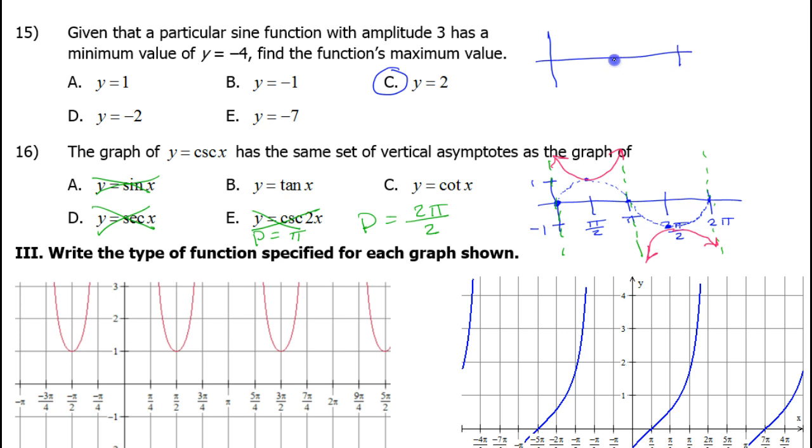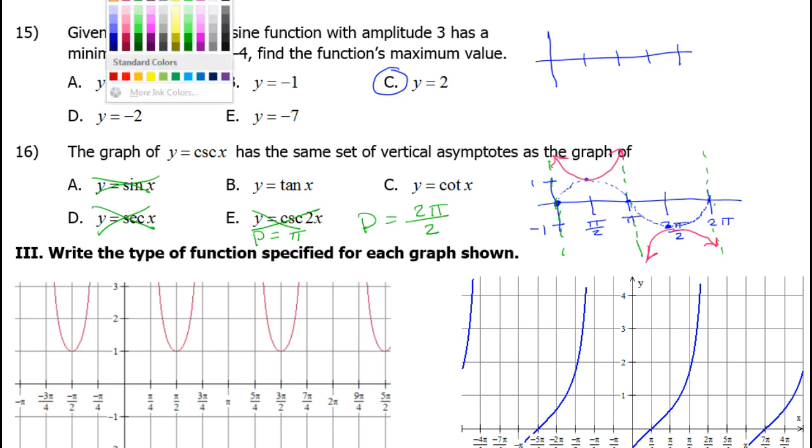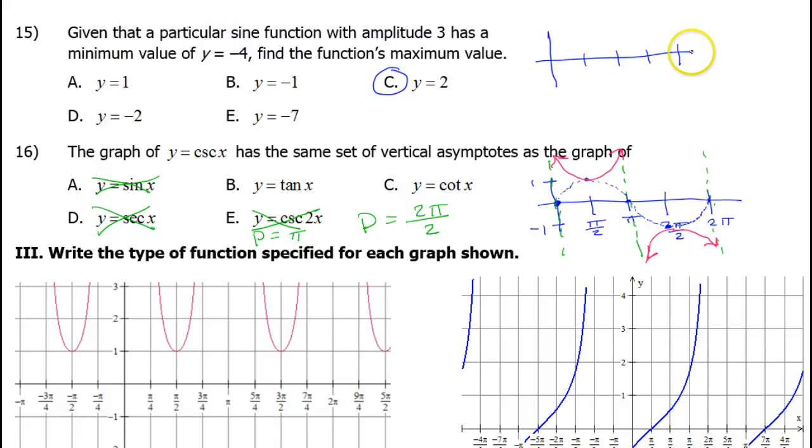Alright, you need to know, if I do one period of the tangent function, that tangent begins and ends on the midline. So if this is my tangent function, tangent is going to begin and end on the midline like that. And then there's going to be an asymptote right down the middle.